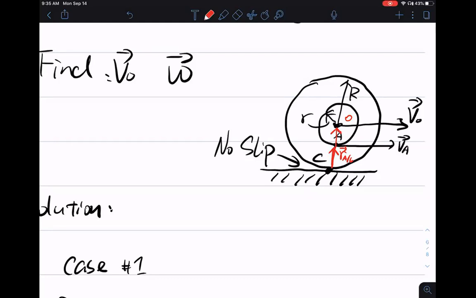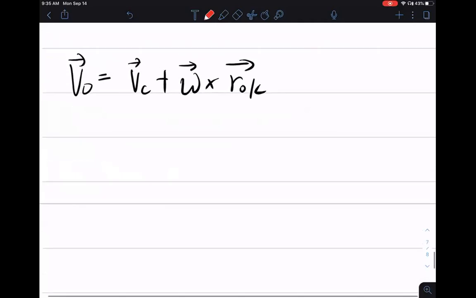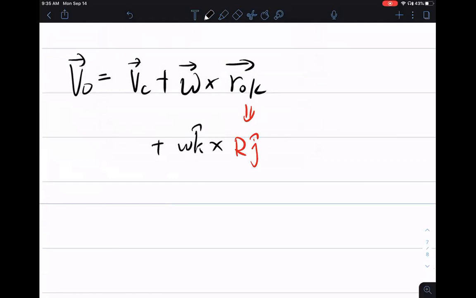The distance on j is big R. So this is big R on j direction. VC is 0.